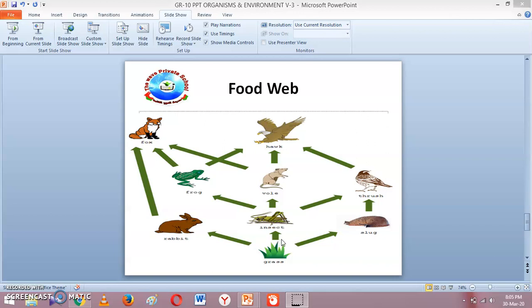to the environment. For example, you can see here the grasshopper feeds on the grass. That time the grasshopper will eat the complete plant which is on the ground, but it cannot feed on the roots under the ground.